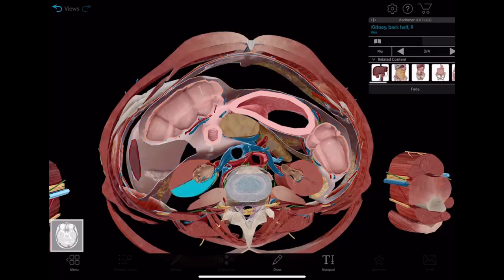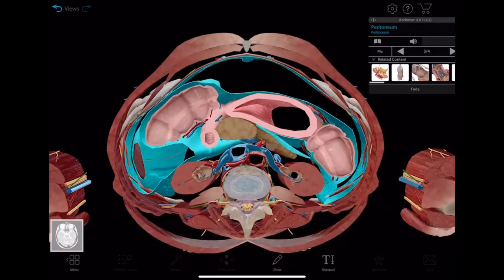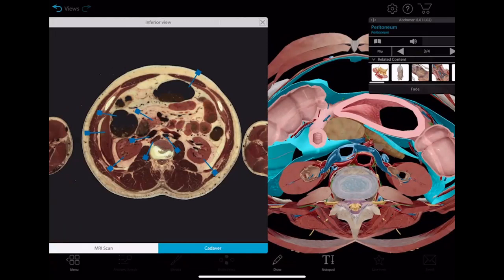Now the selected structure is kidney, right? So the peritoneum is reflecting on to itself and not covering the kidney, right? So the peritoneum is covered with the extraperitoneal fascia, right? So you see, these are the kidneys.